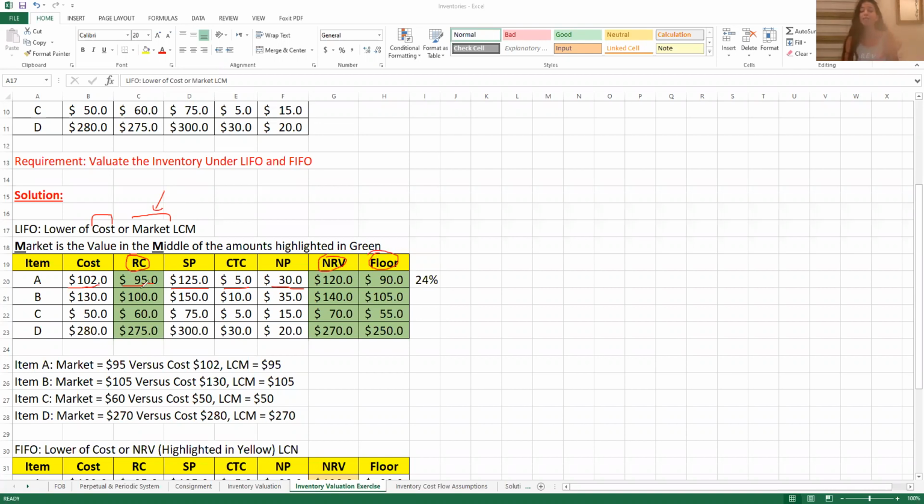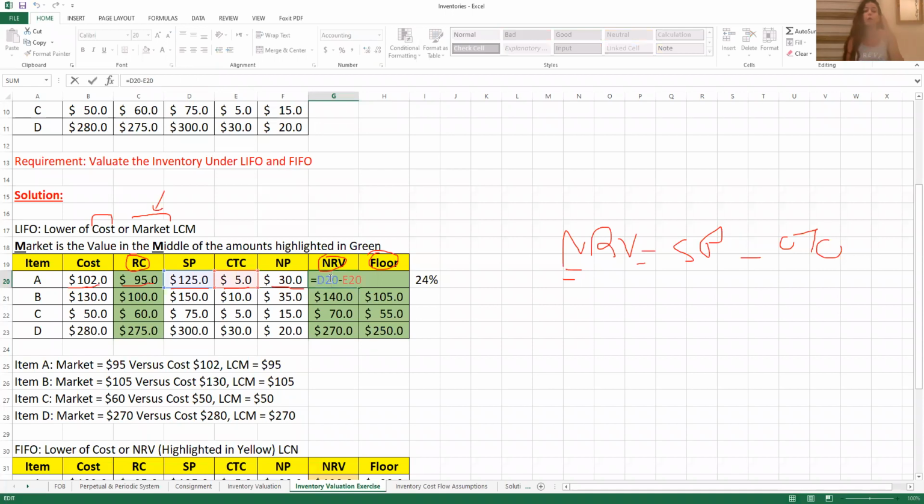The replacement cost that's given to us is $95. The net realizable value is not given to us, but I know that net is a minus figure, so that's the selling price minus the cost to complete the sale. If I double click this cell, that's the difference between $125, the selling price, and $5, the cost to complete the sale.